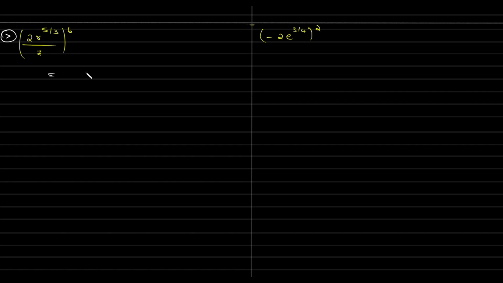So we have first term into second term divided by the third. The powers are 6 over here into 6, 6. So 2 to the power of 6 into, so this will be what? 5. We can do it aside, 5 by 3 into 6. So we have 3 1s are 3, 2s are, this is 10. Is it not? So r to the power of 10 divided by 7 to the power of 6.